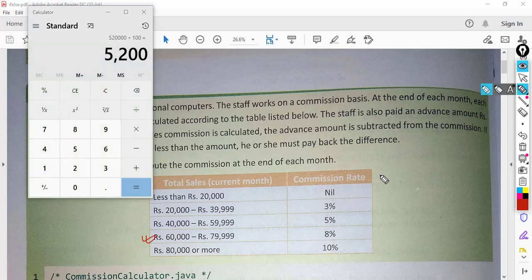That means the salesperson will get money this time, and that money will be how much? 5,200 minus 1,000, that will come to 4,200. So I hope you have understood the question.